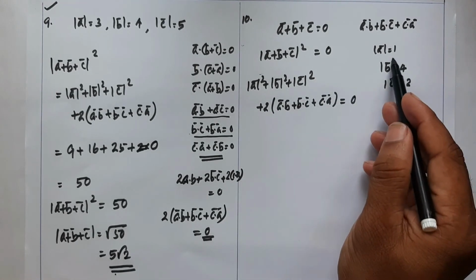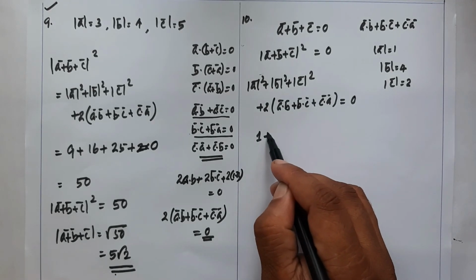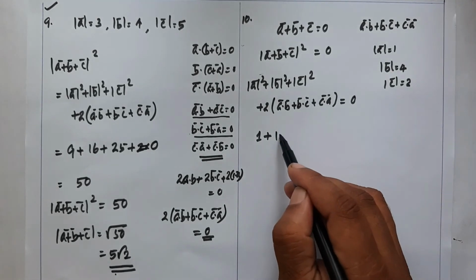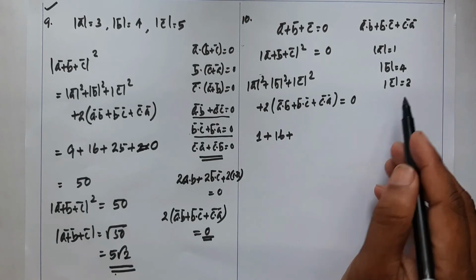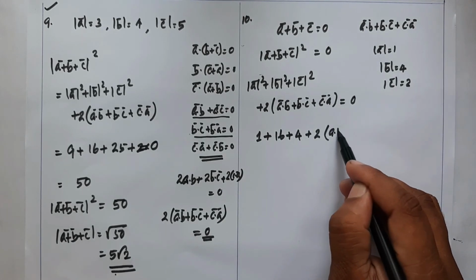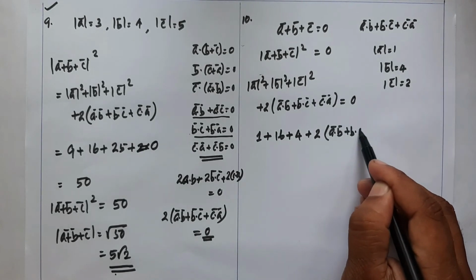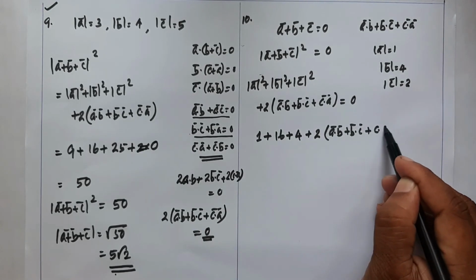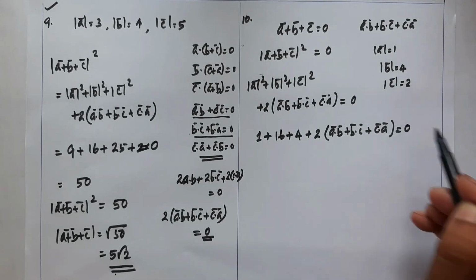Mod a is given as 1, 1 square is 1, plus mod b is 4, 4 square is 16, plus mod c is 2, 2 square is 4, plus 2 into a dot b plus b dot c plus c dot a is equal to 0.